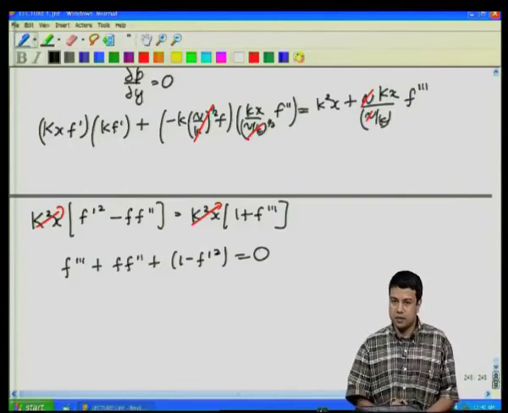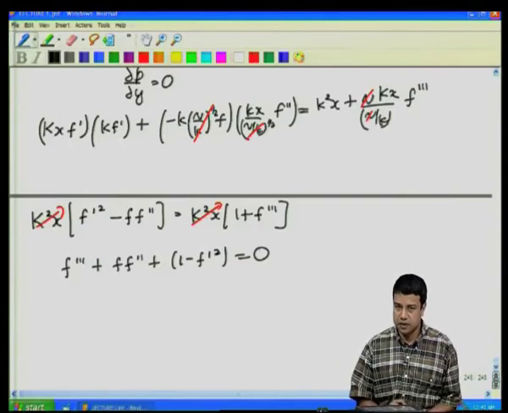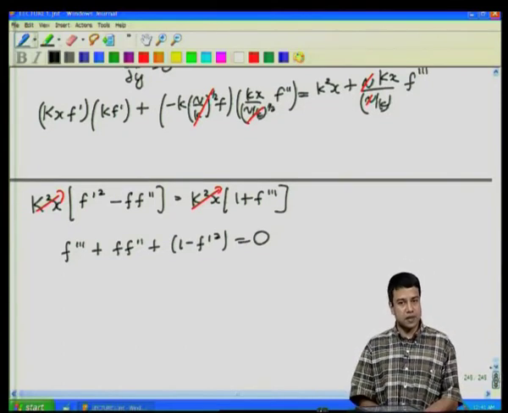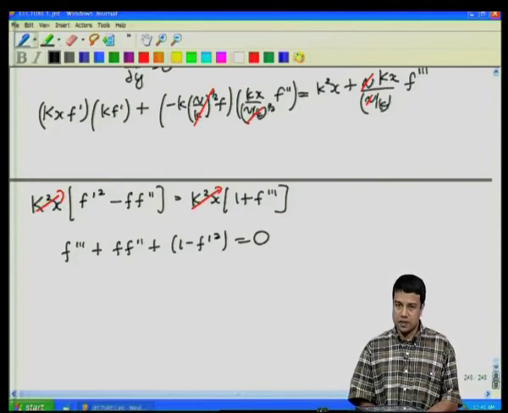So, that is the boundary layer equation for this particular case, the stagnation point flow, the flow towards the surface. This is once again a third order equation, it has to be solved subject to boundary conditions.